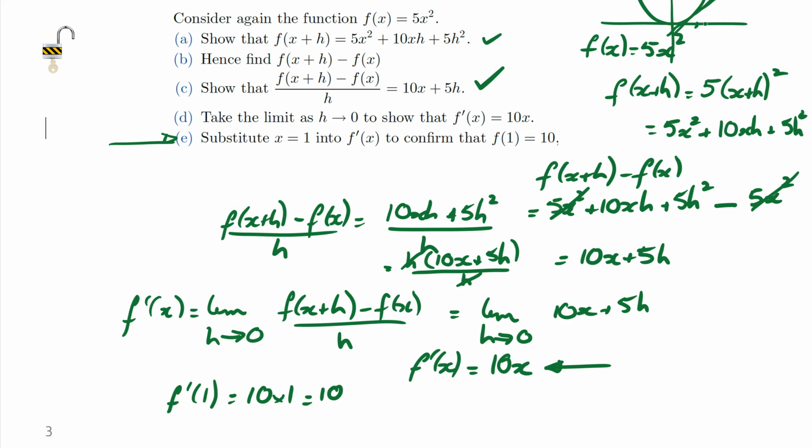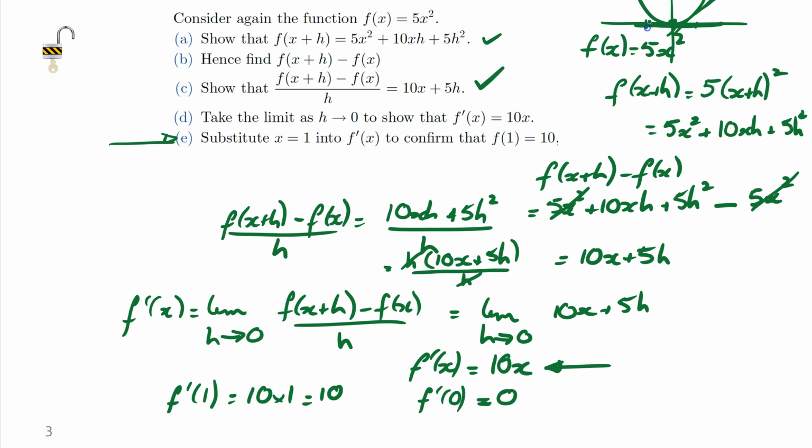So it's 10. More interestingly, let's have a look at f dash of 0, because we know that 0 is this point here, and we know that the tangent is horizontal there. So f dash of 0 is 10 times 0, which is 0, the slope of the tangent.